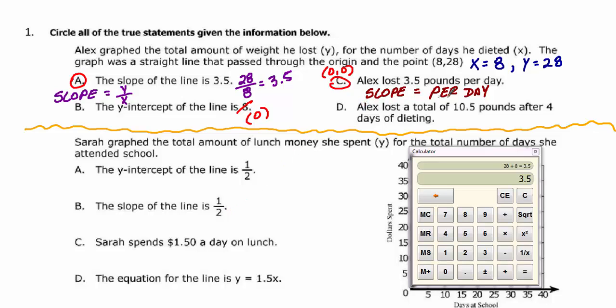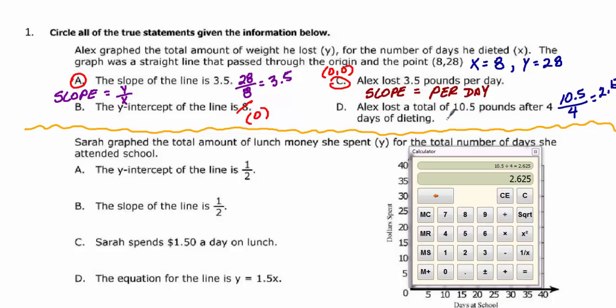And finally, Alex lost 10.5 pounds during 4 days of dieting. How would you check that to see if it's true? Well, you would take the y and you would divide it by the x. 10.5 divided by 4 equals 2.625.